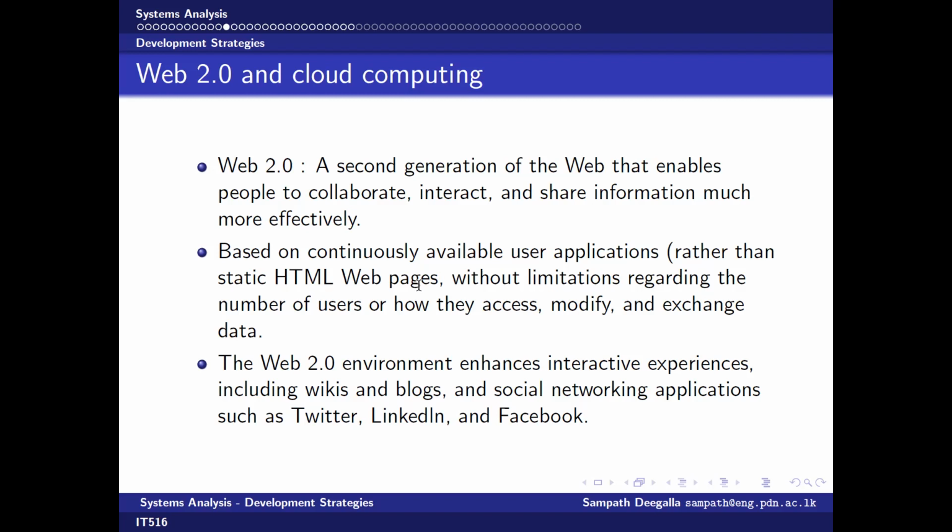For example, for fuel, we have the software Helakuru to find where fuel is available. People actually collaborate with each other, user content is generated, right? They interact. And we also use a lot of social media networks to share information. So that is web 2, and that is the current one, right?